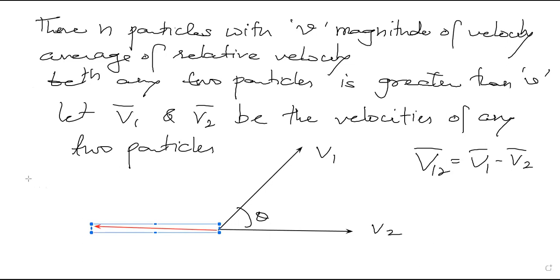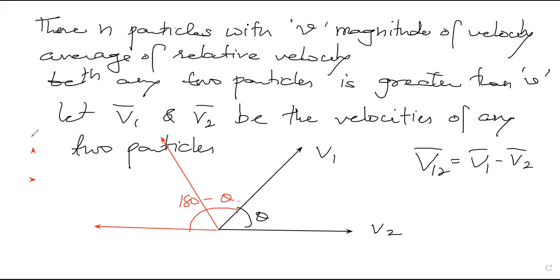We need the magnitude of v1 minus v2, which will be in this direction. The angle between v1 and minus v2 will be 180 minus theta.